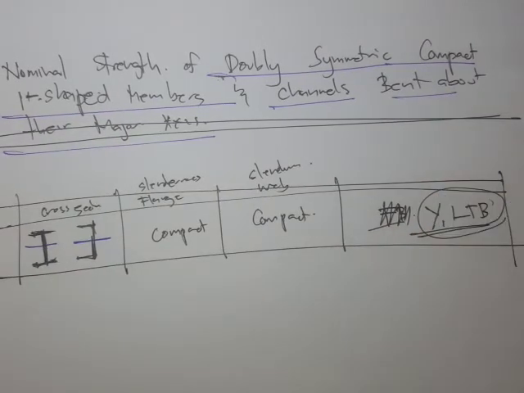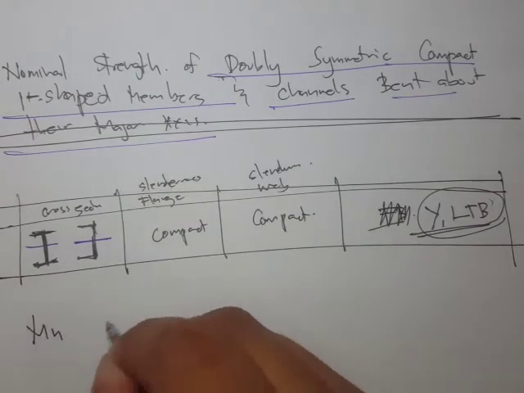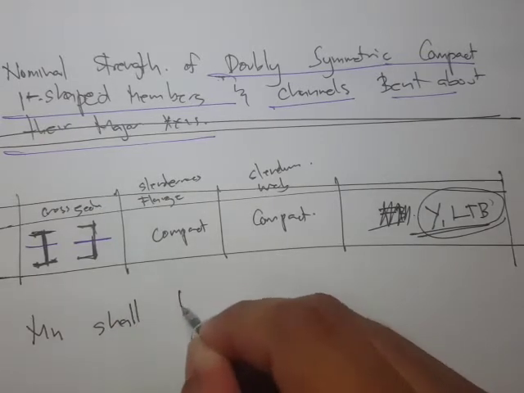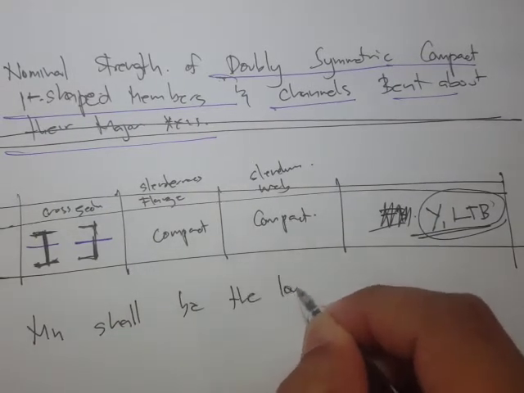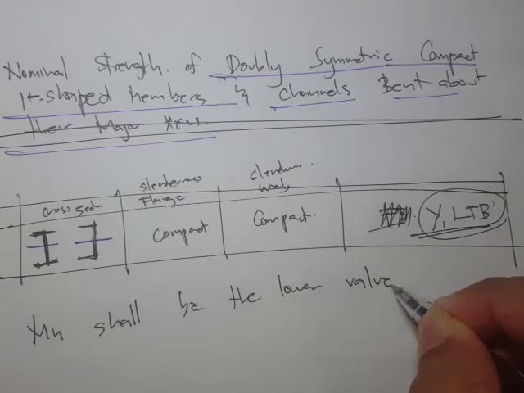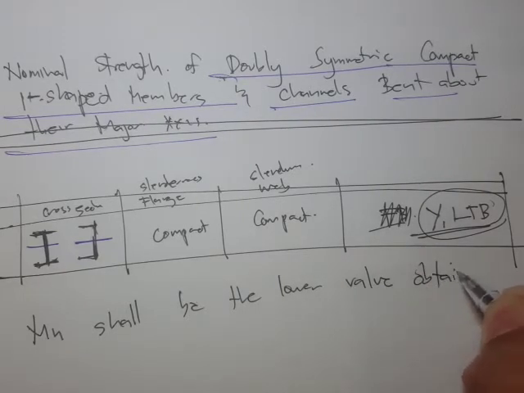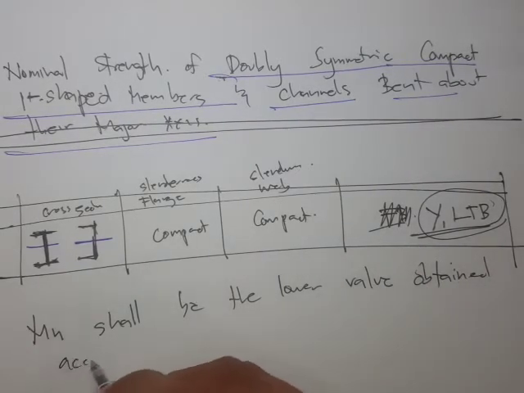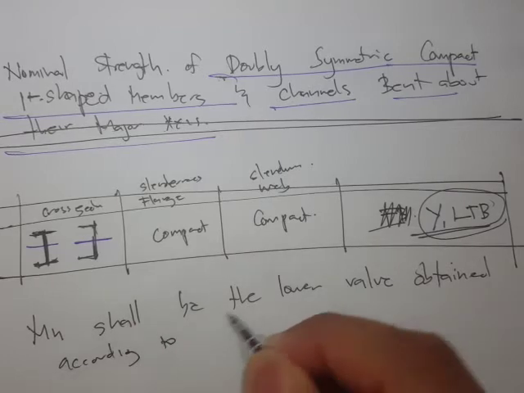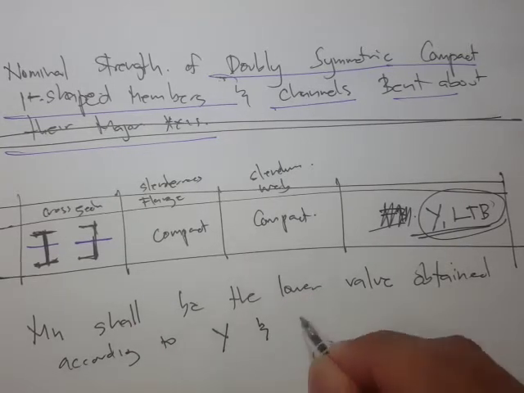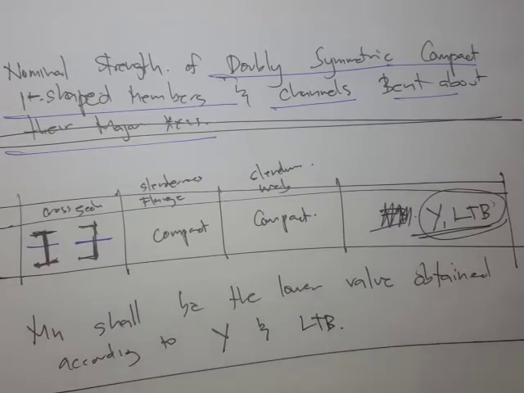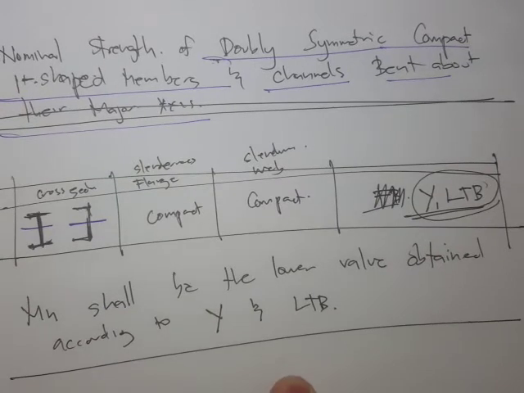Okay, and if you read in our lecture handouts, it says that the nominal flexural strength, Mn, shall be the lower value obtained according to yielding and lateral torsional buckling. So whichever gives the lower value, then that one will be preferred.